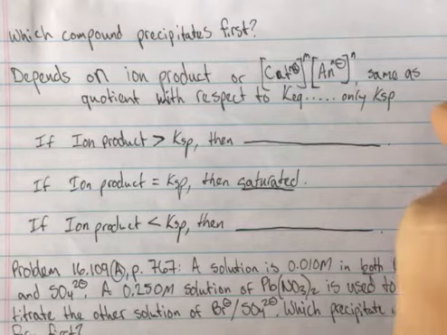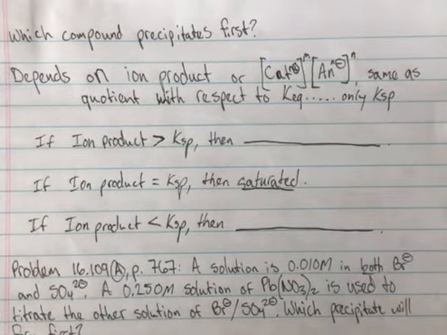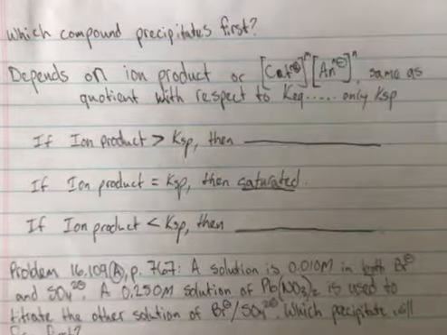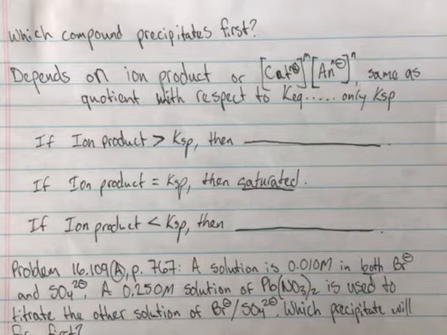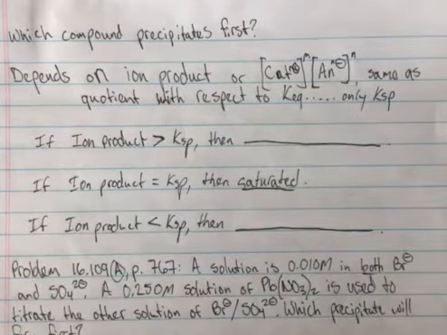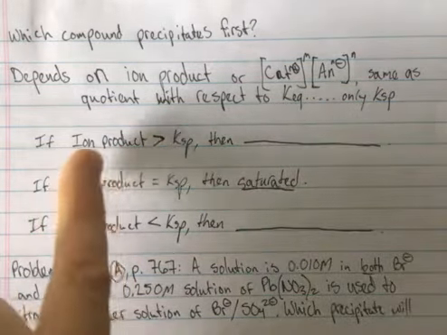This is pretty much the same as the quotient that we were looking at with respect to KEQ, only this time it's the solubility product, or KSP, right? We're not factoring in any solids that are formed. So the ion product is essentially your quotient for KSP.